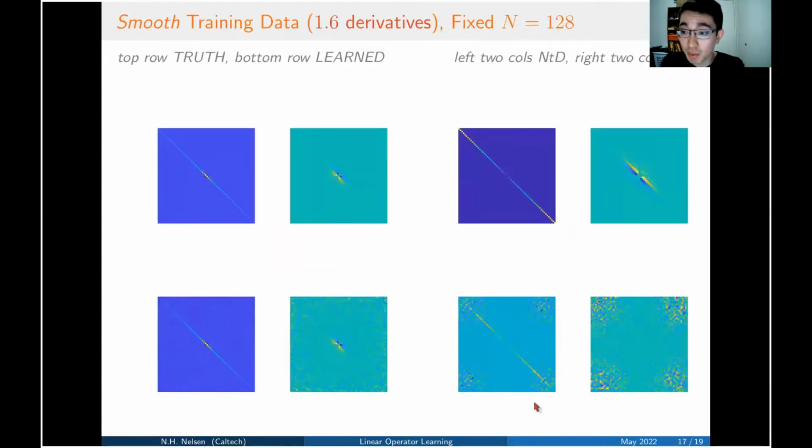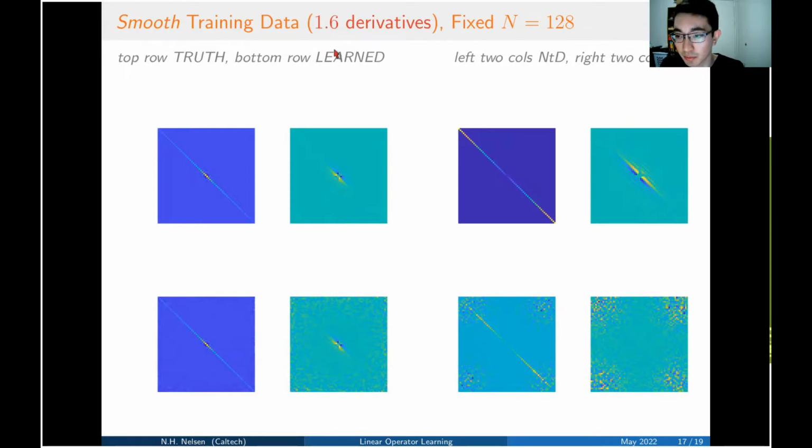Okay, so let's see what happens when we use smooth training data. So I mentioned using smooth training data is bad, and I'll show you that it's bad. So here, we're fixing the number of training samples just to 128, so 128 of those Dirichlet and Neumann pairs. Our training data is smooth in the sense that it has like 1.6 derivatives, for example.